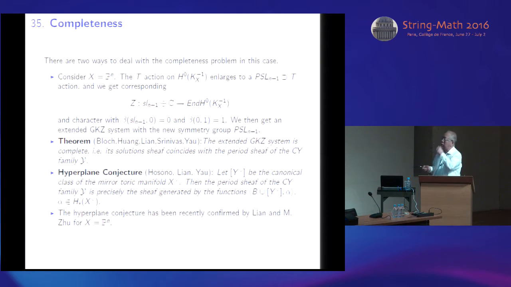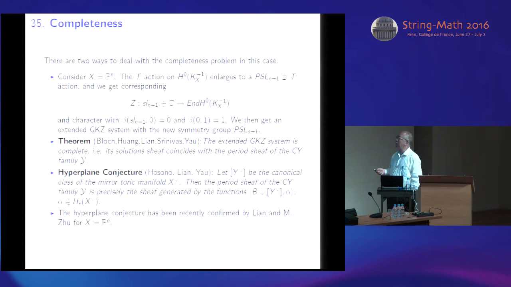So now we try to understand the completeness problem that we mentioned earlier. In the case X equal to Pn, the T action on the anti-canonical divisors enlarges to a bigger group, the PSL n plus 1 group. And therefore we can get a corresponding action of SL n plus 1 on C to the n plus 1. Previously we just used the torus.